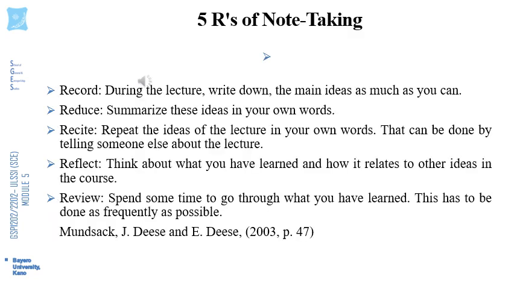MONSAC Ds and Ds 2003 also provide 5 bullet points for effective note-taking, and these are popularly known as the 5 R's of note-taking. And these include the first R, which means record.